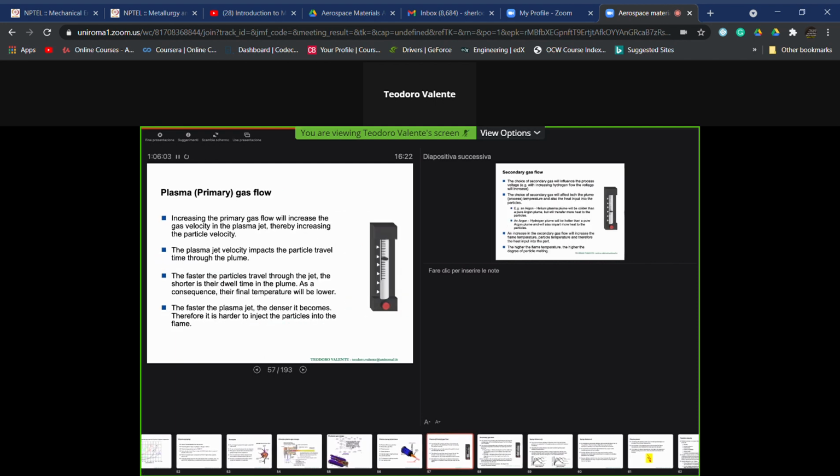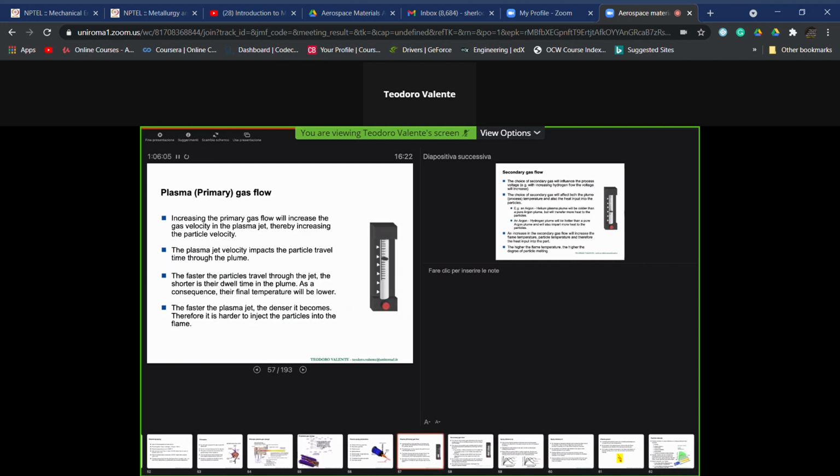For the primary gas flow, what can be said? We are just entering some guidelines, okay? We can say that increasing the primary gas flow usually will increase the gas velocity in the plasma jet, in the plasma plume. And this, obviously, if we do not change the particles, will result in an increase in the particle velocity.